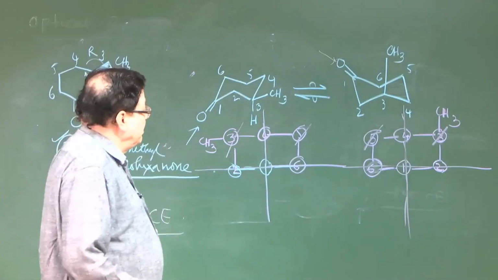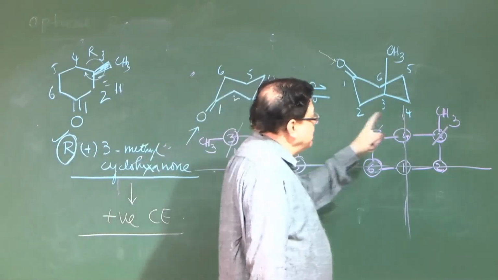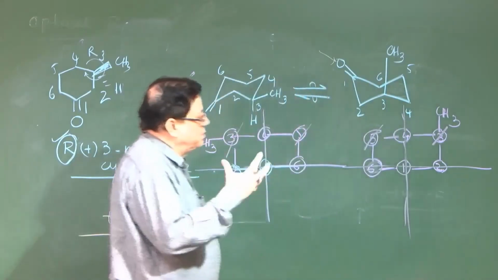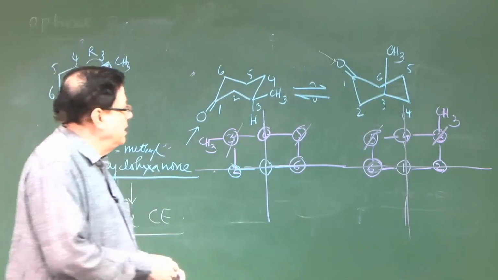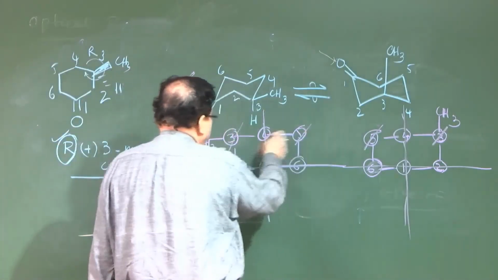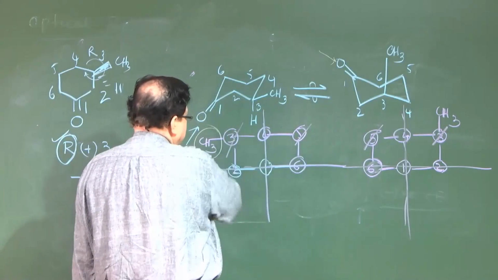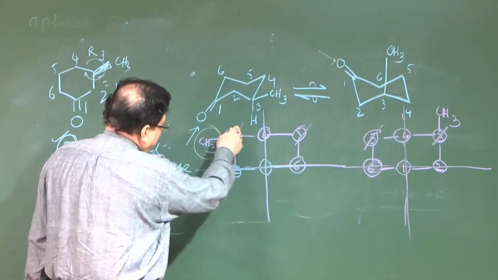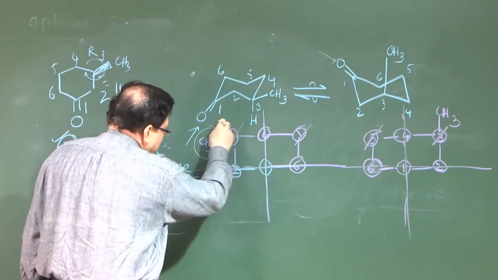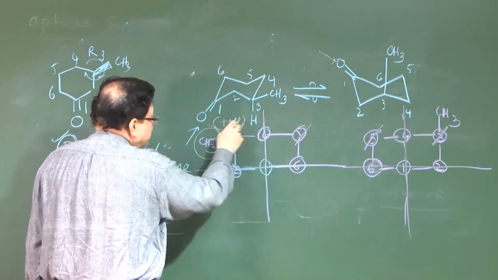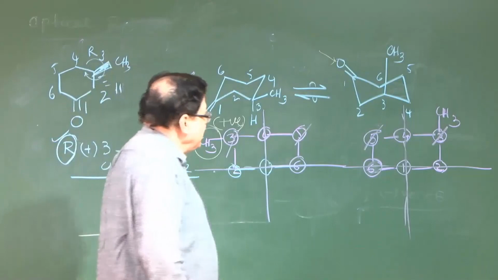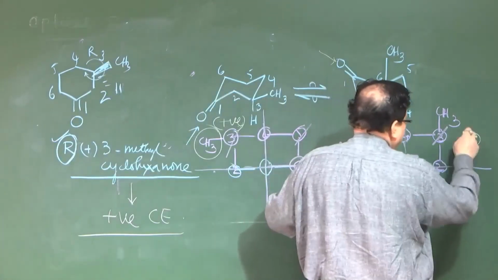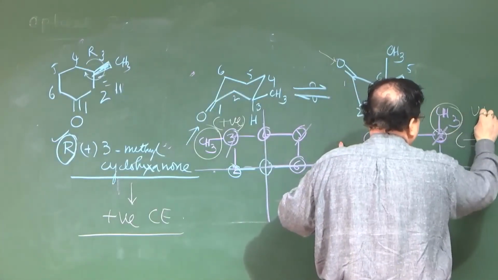And the greater number of substituents present in a particular octant will dictate the sign of the Cotton effect. Okay. So, what is happening? The contribution of 5 cancels 3, but methyl remains. So, that means it will show what? Positive Cotton effect, because upper left is rear octant shows positive Cotton effect, and here it will show negative Cotton effect because the methyl is occupying the upper right.